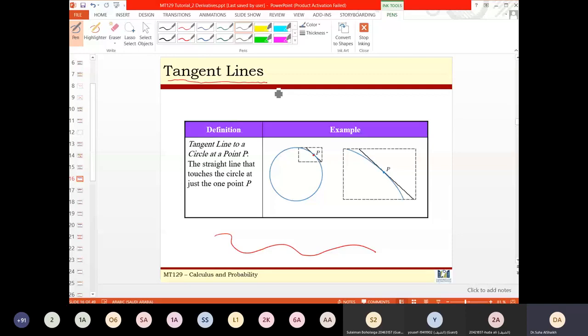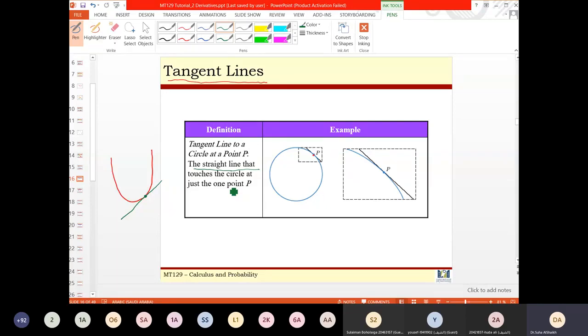Got it? If I'm talking, for example, about a parabola, at this specific point this is my tangent line. The straight line that touches the circle, for example, is what we call the tangent line. In general, for a curve, the line that touches at a certain point is the tangent line.